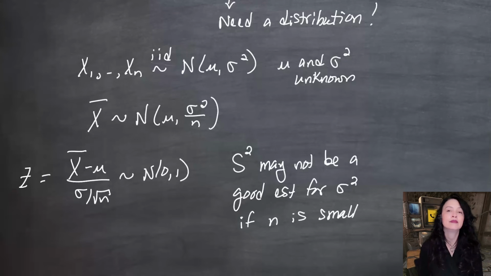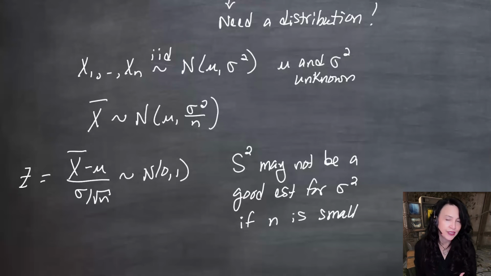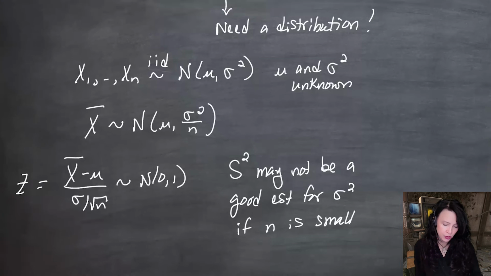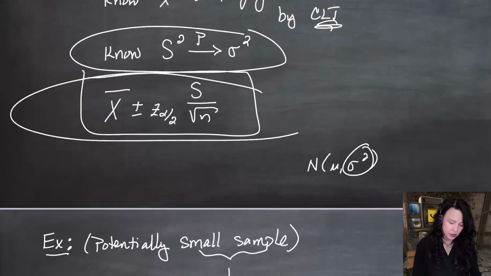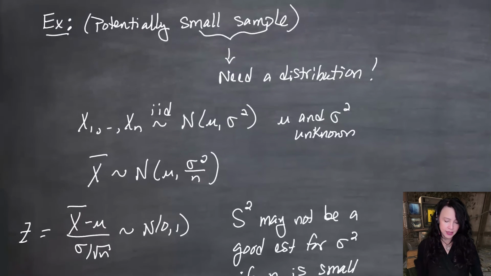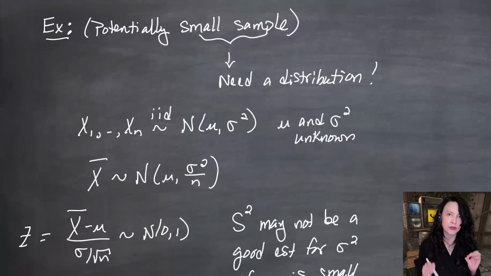What we're about to do would actually also work for large n, but it would be what you would have to do if n was small. Because if you had a large n, you could probably return this confidence interval and use those large sample properties for x bar and s squared. Again, small sample, you must have a distribution.